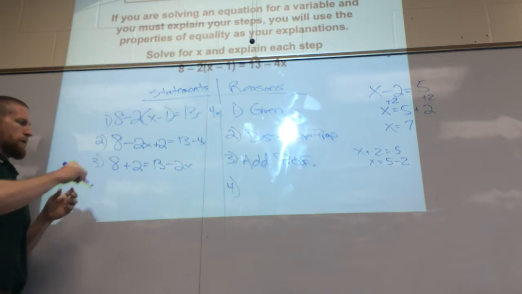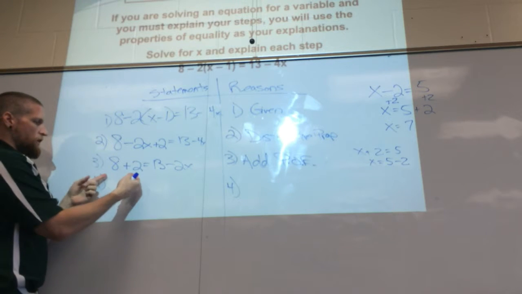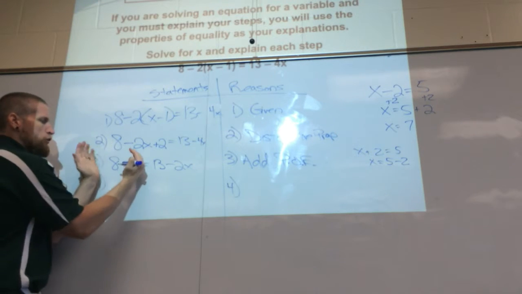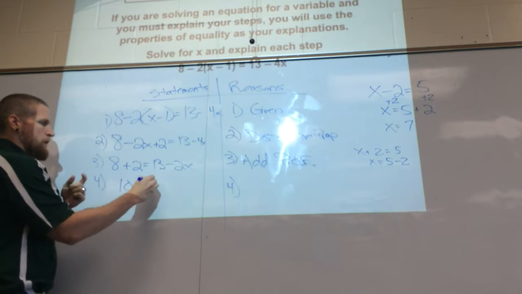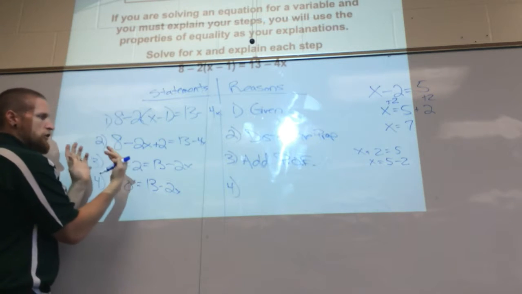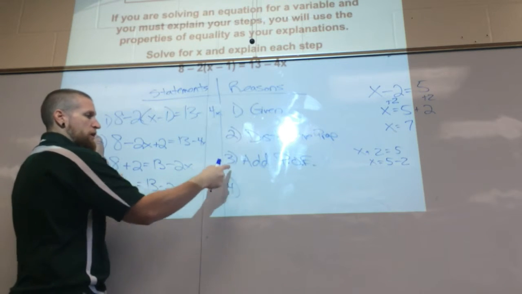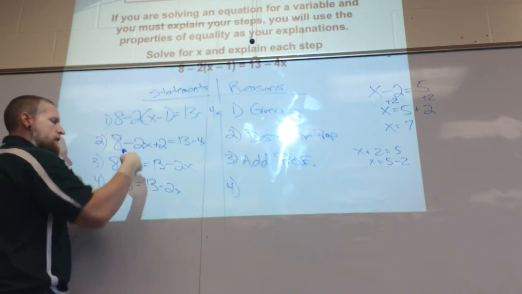Divide by 8. Okay. When you do this, I'm only doing work over here. So when you say combine 8 and 2 to make 10, since you're only doing work on one side, it's not the addition property. Addition property of equality tells me I did it to both sides.